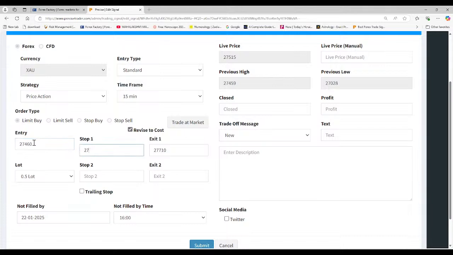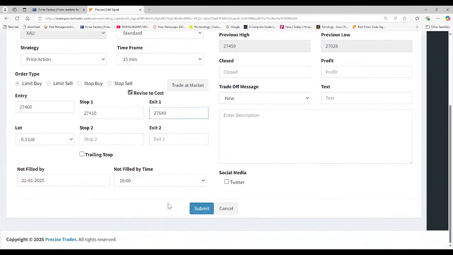Stop at 41 because 42 is the low, and the TP will still go for 64. And this one we will give until 4 to 5 o'clock.